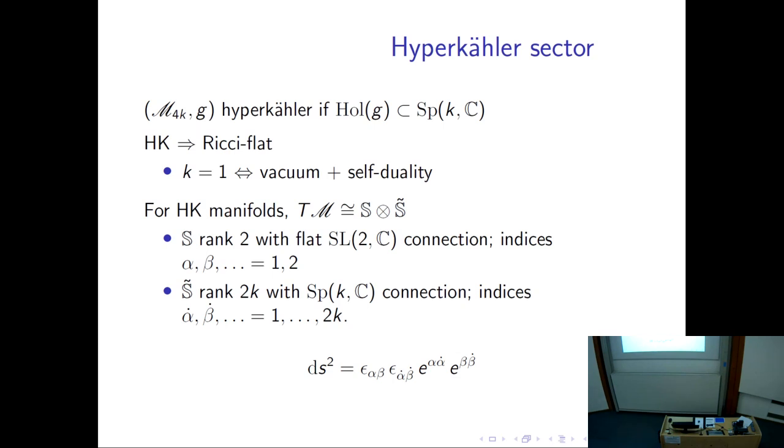So that means you can always write the metric in terms of, if you like, the symplectic form on Sp(1), or the natural SL(2) invariant tensor, and the symplectic form on Sp(k), and then your frame fields, which respect this decomposition of the tangent bundle.